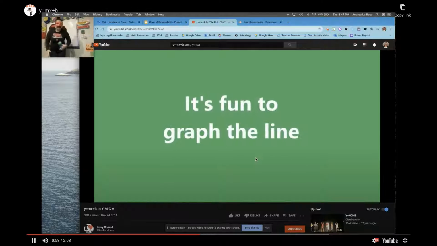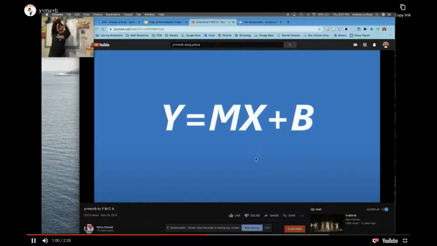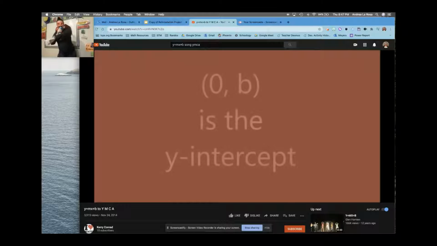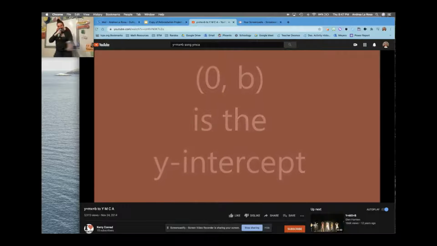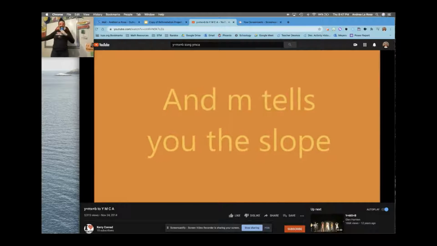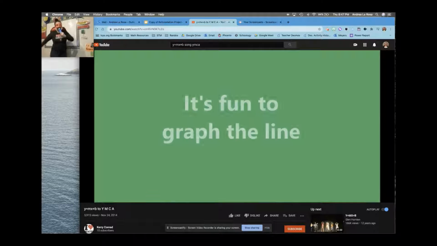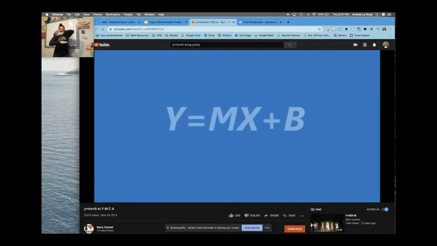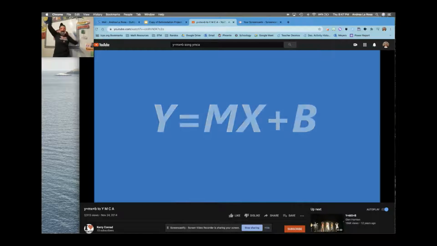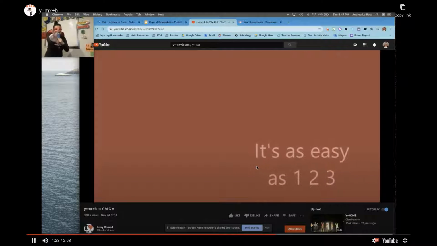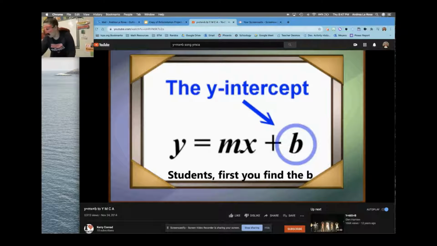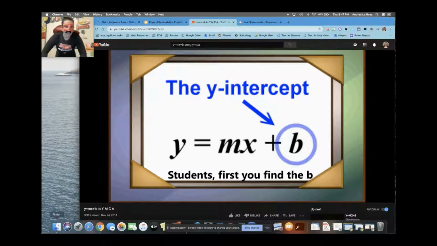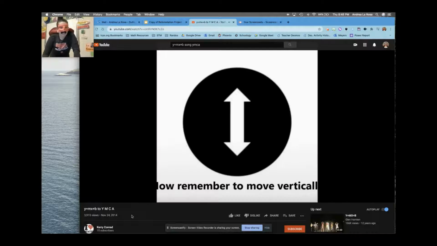It's fun to graph the line. Y equals mx plus b. If every is the y-intercept, and the m tells you the slope. Graph the line. Y equals mx plus b. It's fun to graph the line. Y equals mx plus b. You can graph a straight line, yeah. It works every time if you get 1, 2, 3. You guys, there's a lot.